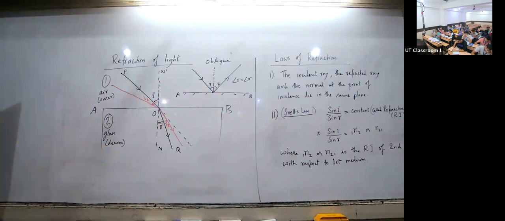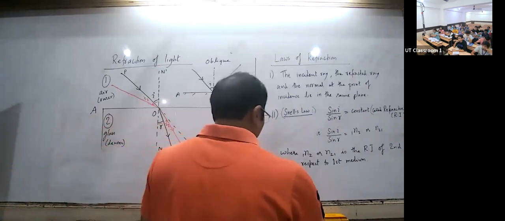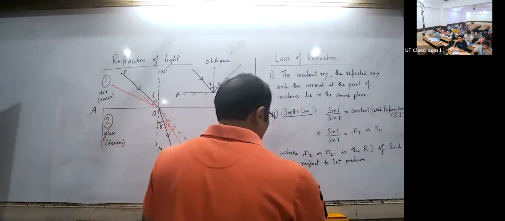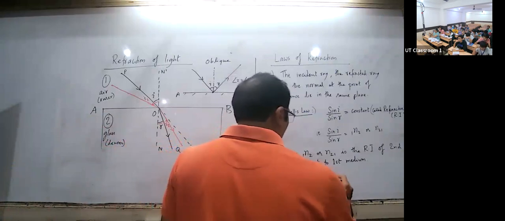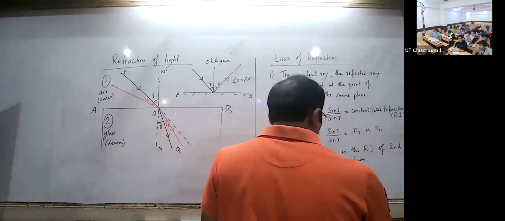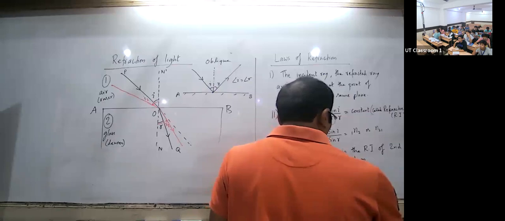So for air and glass, this ratio is found to be 1.5. What do you always get? 1.5.